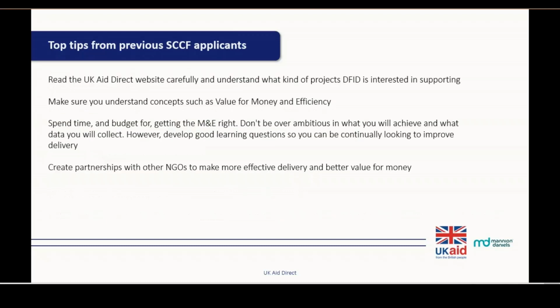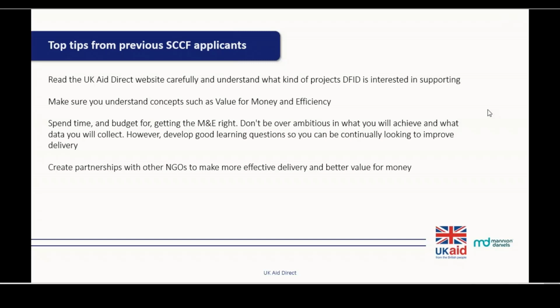So in the past, we have asked previous SCCF applicants for some top tips, and there's some there. So again, those who have been successful have read the UK Direct website carefully and understood the kind of projects that DFID is interested in.